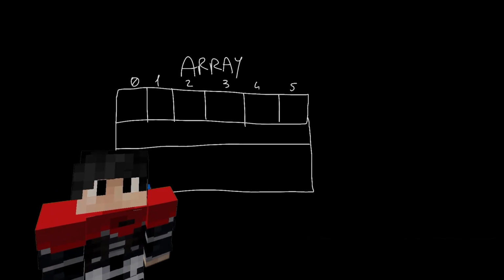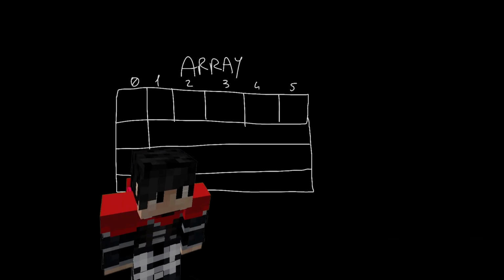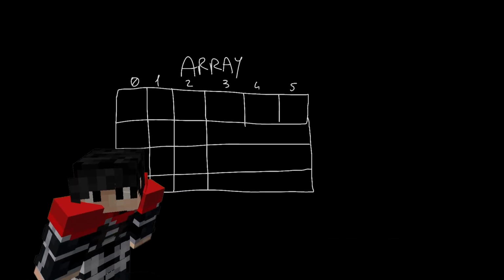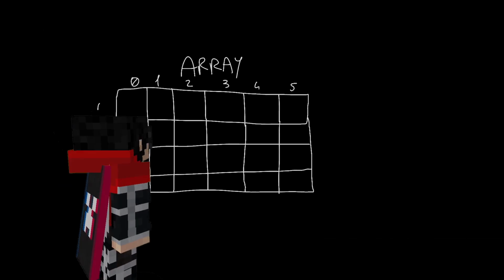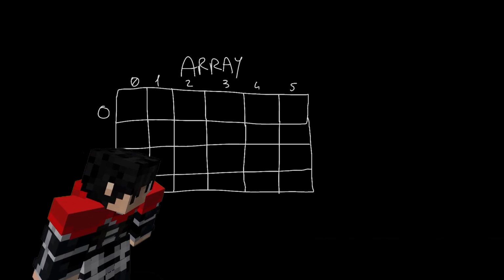Perfect, so we have a grid and the work is done. No, it's not done. Because we need to make a way to display those grids, those cells that we have on the grid. And this is completely another story.